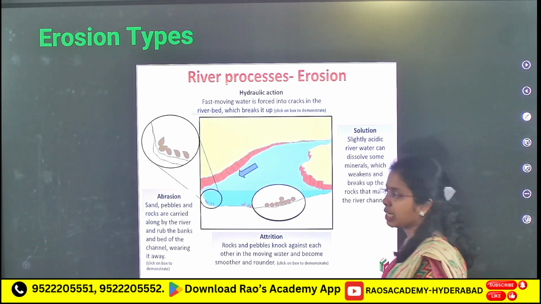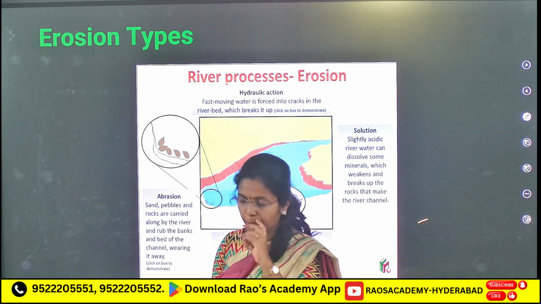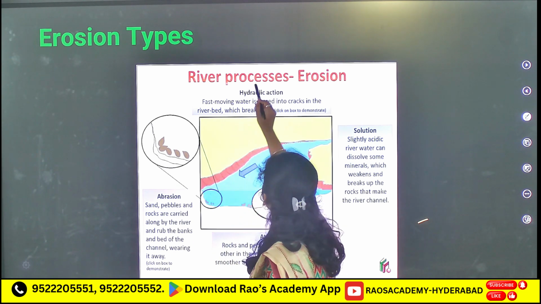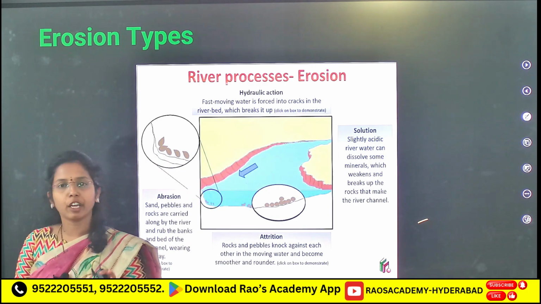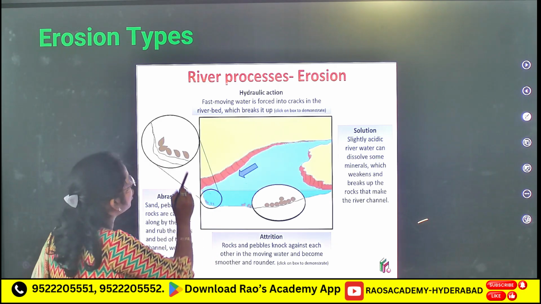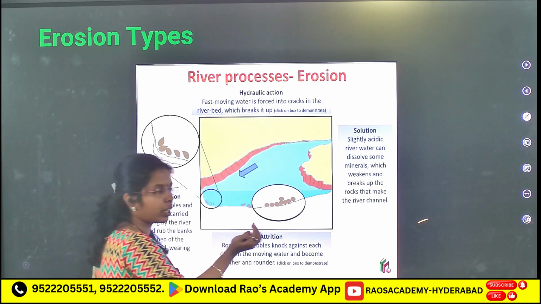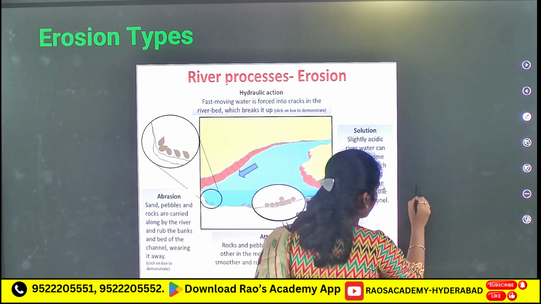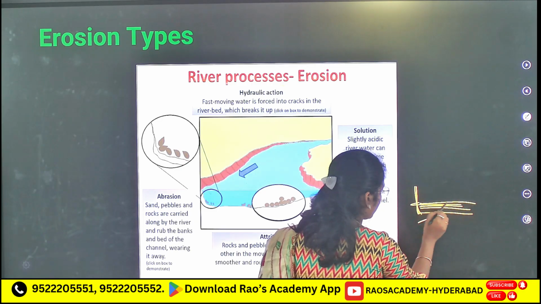Next, each and every geomorphic agent has different types of erosion. For river water, we are going to see 4 types of erosion. For example, hydraulic action: fast moving water. For example, this is a surface here, and water is flowing like this.